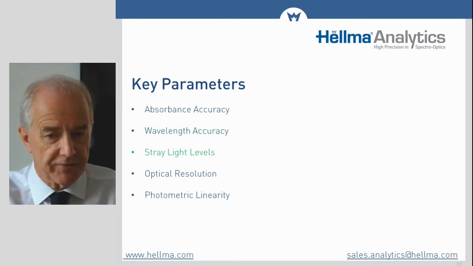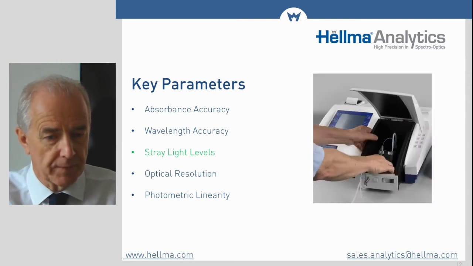Stray light is defined as any light that reaches the detector but does not pass through the sample. This can be caused by optical misalignment as well as internal reflections or scatter from items inside the sample chamber. So take extra care when fitting any alternative sampling devices.